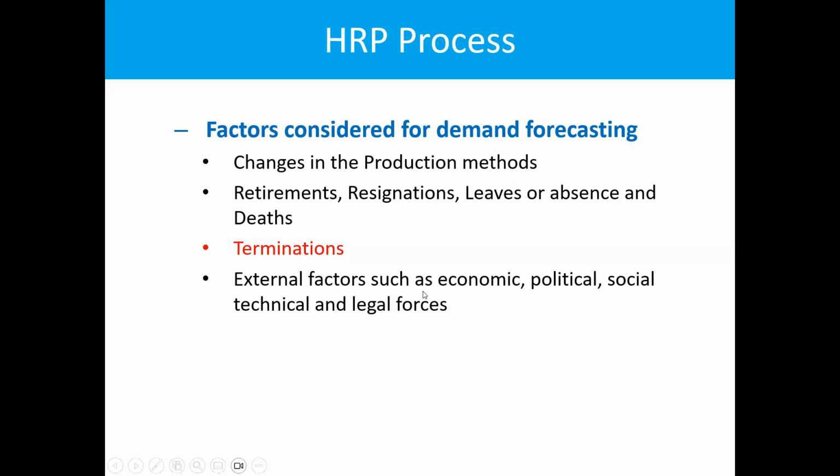External factors such as economic, political, social, technical, and legal forces, right? For example, the government recently imposed a law which prescribed the retirement age. Let's say the government increased the retirement age.